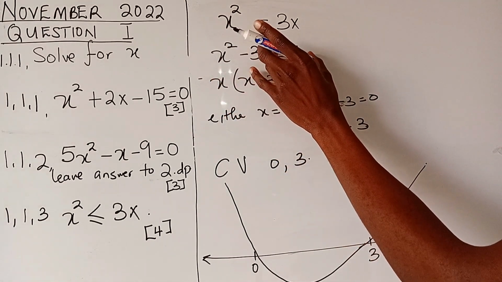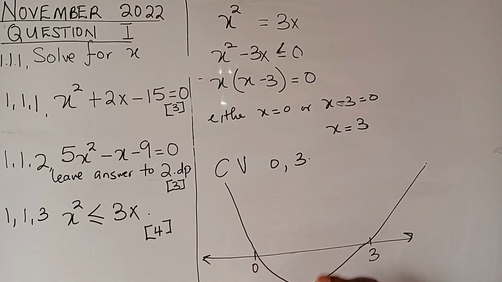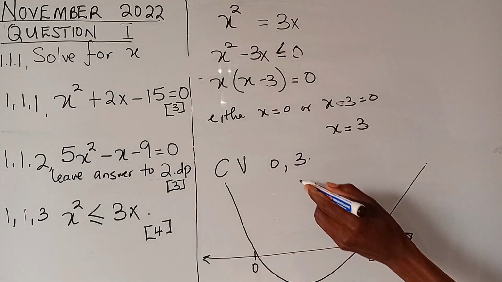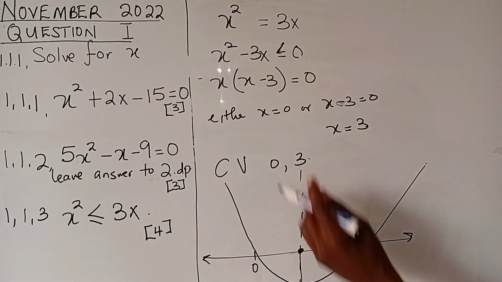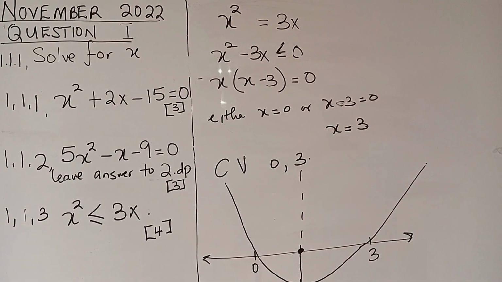When we say less than or equal to 0, we mean the part at which it's below the x-axis, on the negative side of the y-axis, because remember, our y-axis is like this. Going down, that is where our inequality or our graph is less than 0.